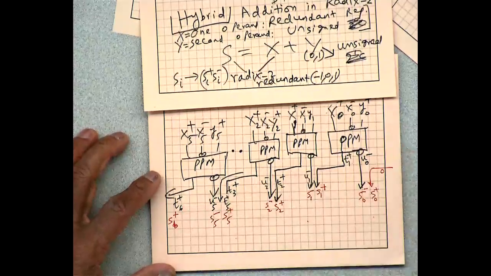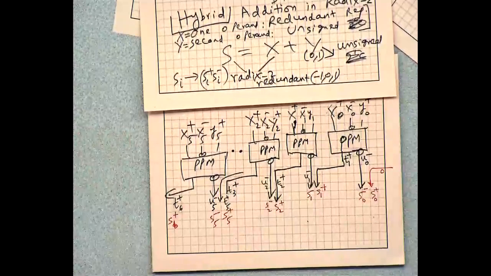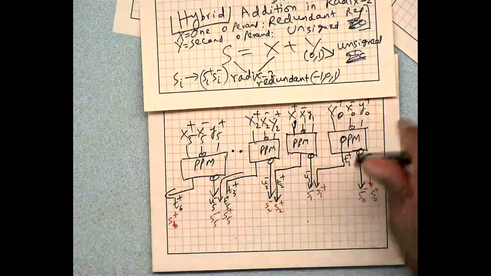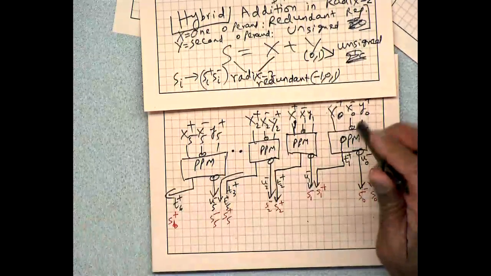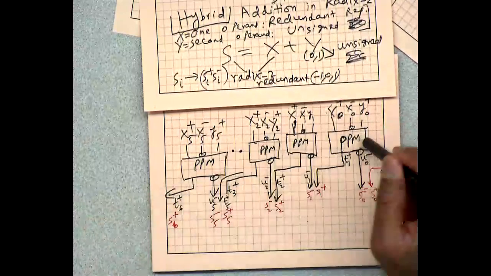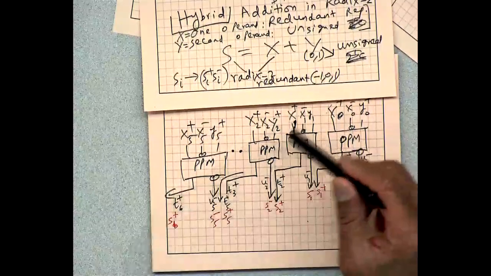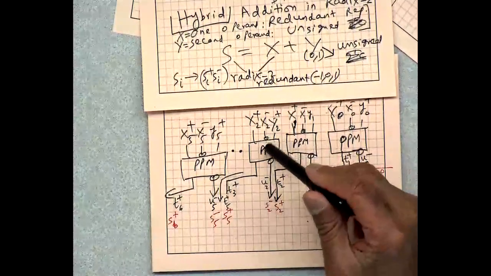And as you can see, this really does not look like as if the carry is rippling through. The carry is not rippling through. And this is part of the good news.